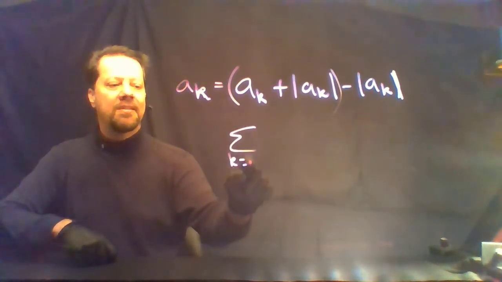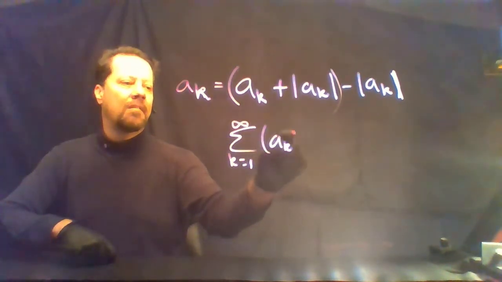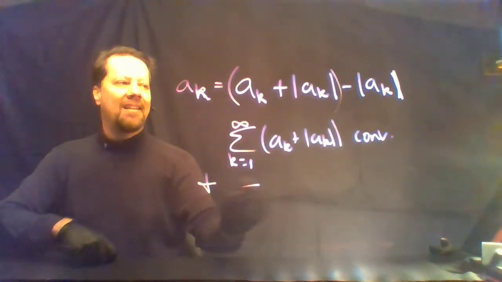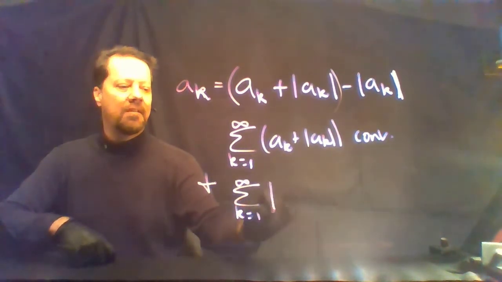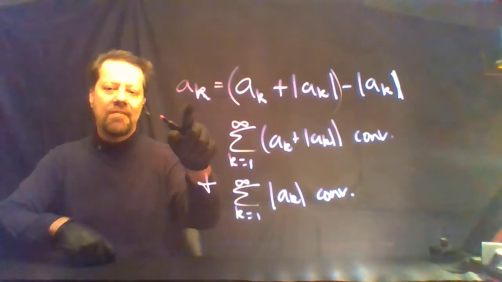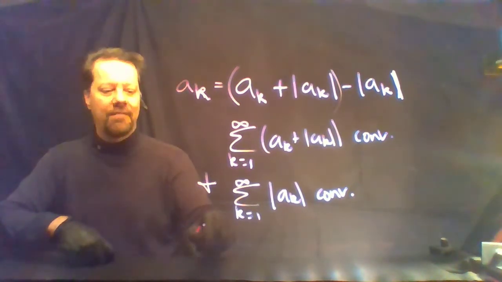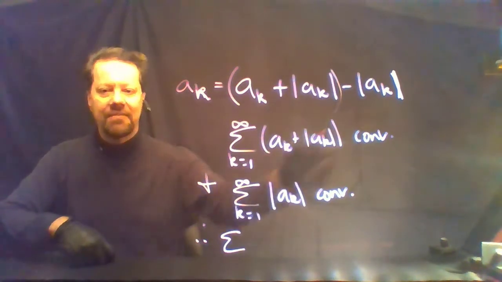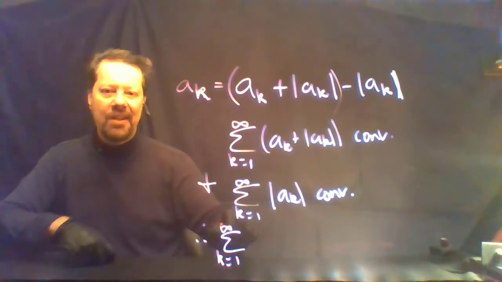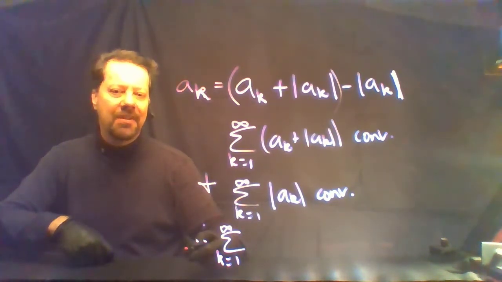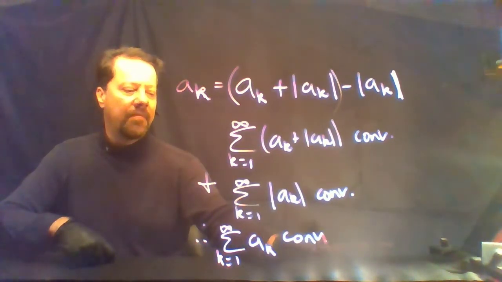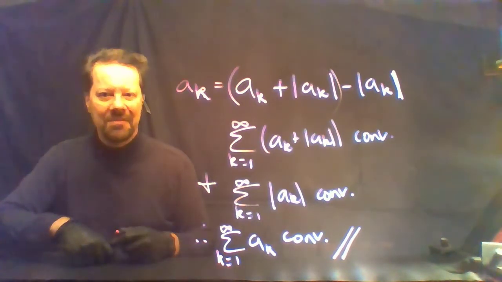Since this series converges, and since this series converges, that implies that the series involving a sub k also converges, because it's the sum or the difference of two convergent series. And we know that if we add or subtract convergent series, we get a convergent series. And that is the end of the proof.